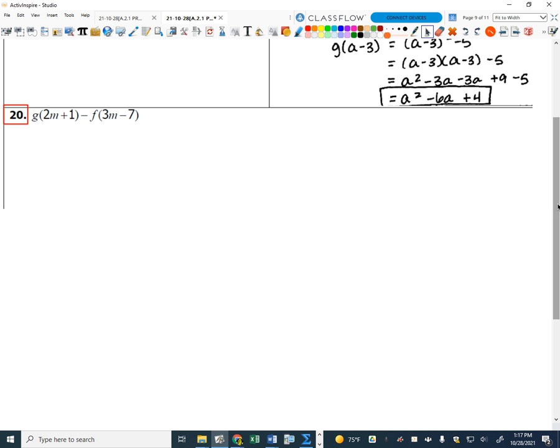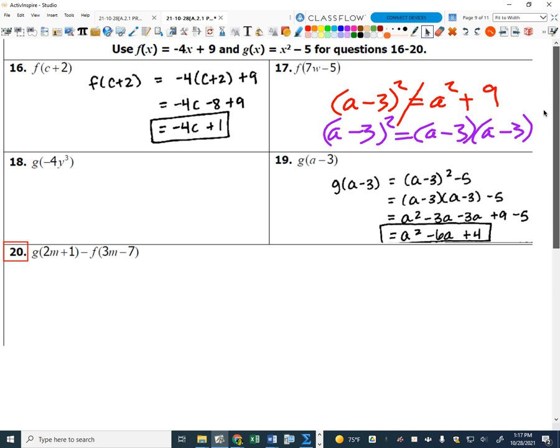What about this guy? What about this guy? Number 20. Okay, that one's a little tricky, right? We're going to have to figure out g of 2m plus 1 is going to be some weird kind of output. I'm going to have to do something like I did up here in 19, right? I'm going to have to input 2m plus 1, that quantity, into g.